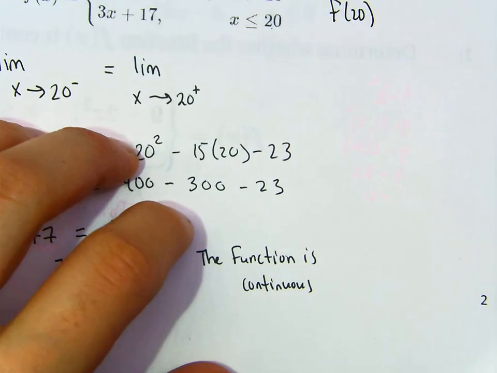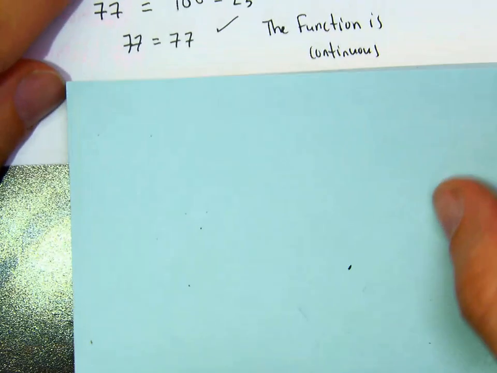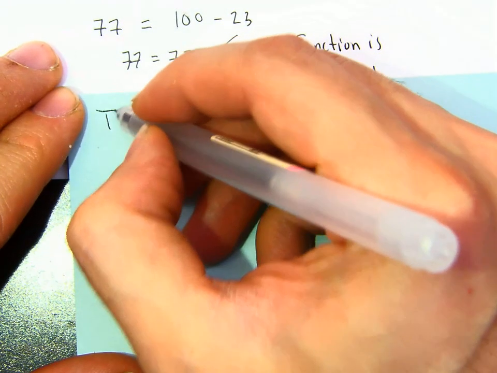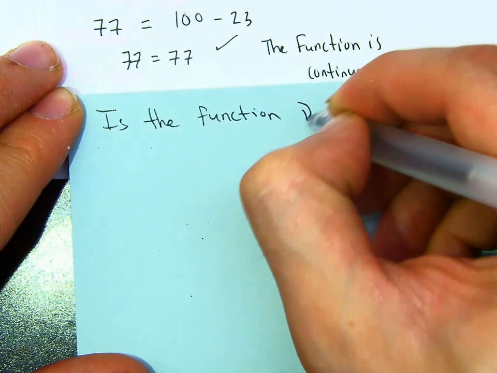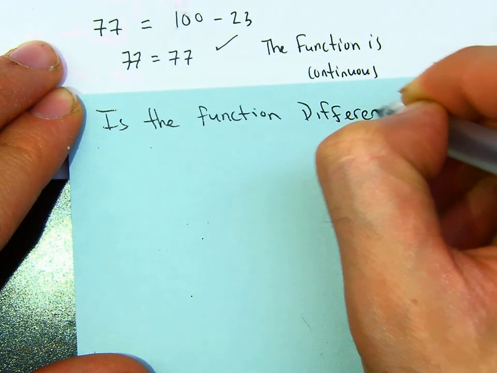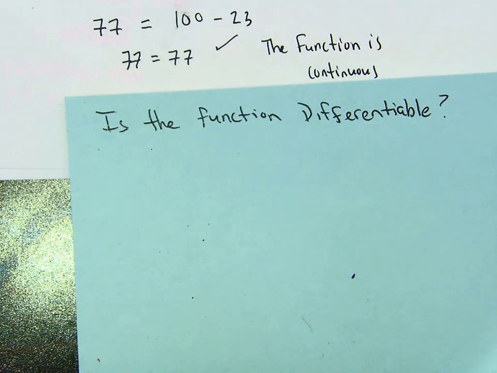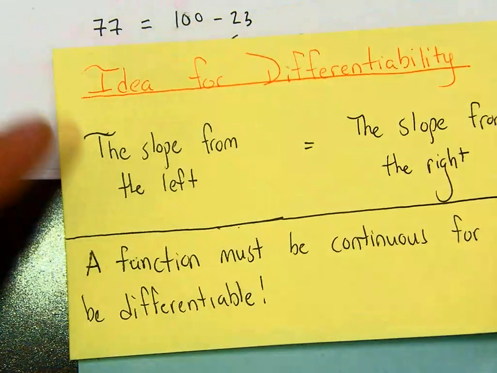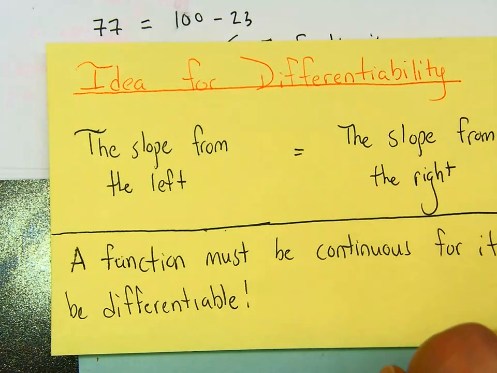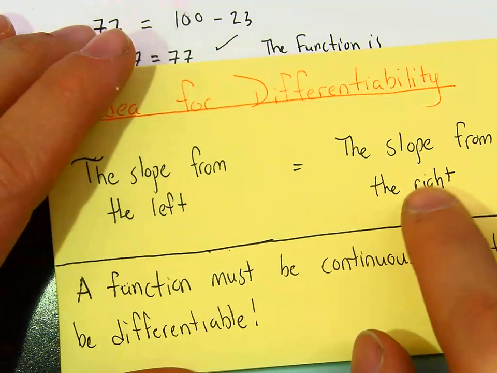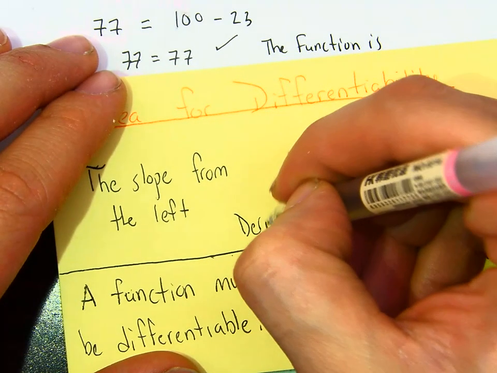Now the big picture idea is, question, is the function differentiable? Okay. Right. So what did we talk about over here? The idea is the slope from the left equal to the slope from the right? And when you think about slopes, you have to think about derivatives.